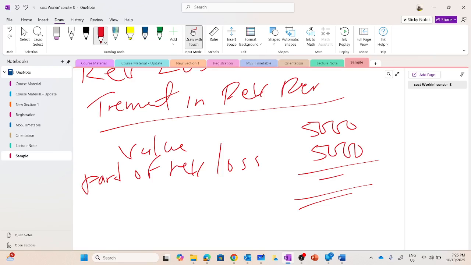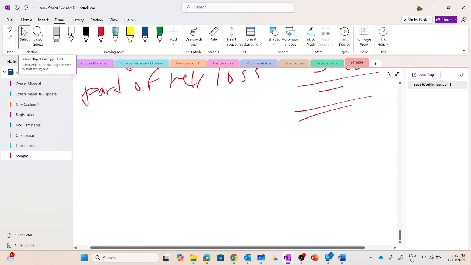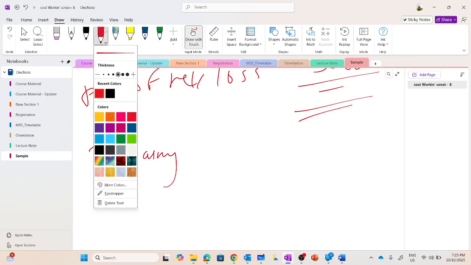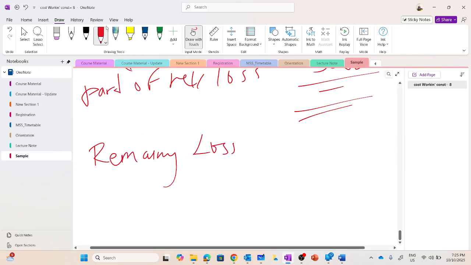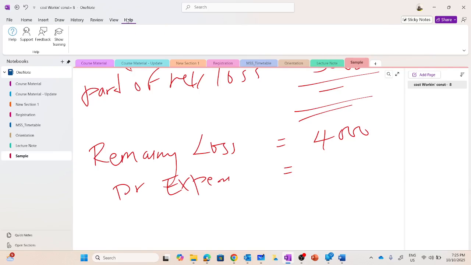So how are we going to account for the remaining 4,000? Very important question. The remaining loss of 4,000, we are going to expense it. We debit expenses 4,000, and obviously it's an impairment, so the whole of the losses needs to be credited to the asset account.